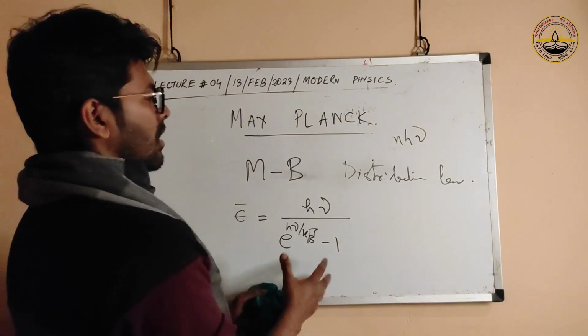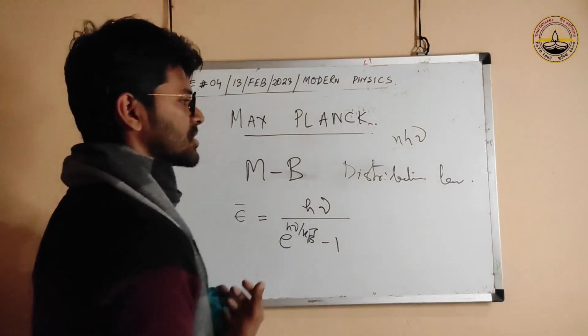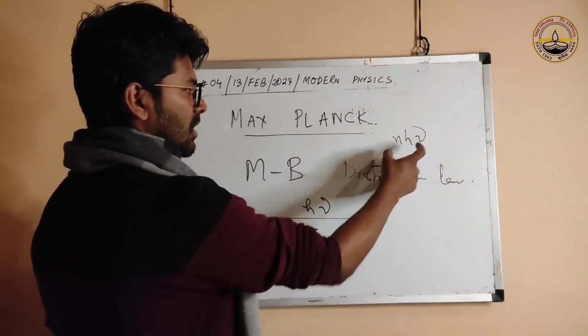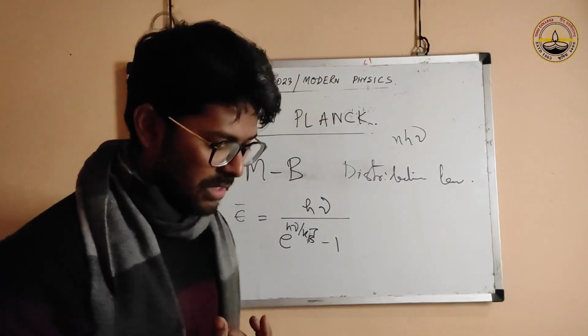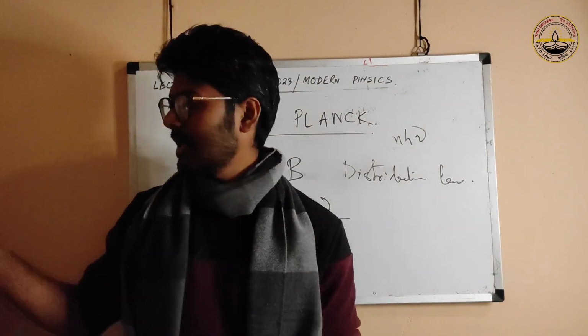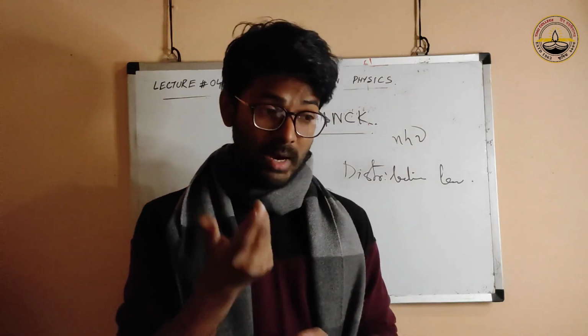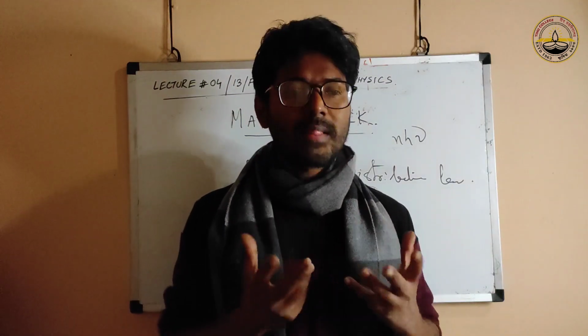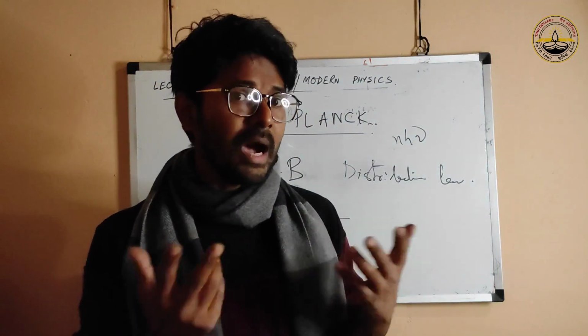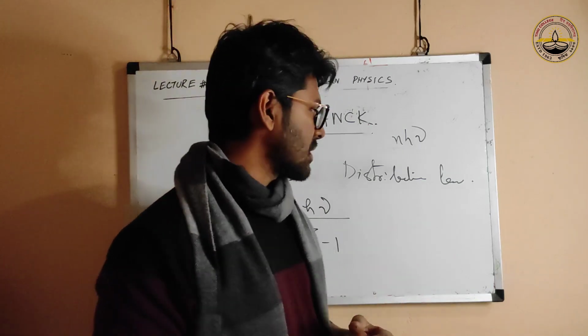And this is where quantum theory comes in, because quantum means how much. In Latin, quanta means how much. In Italian, for example, quanto means how much, like kiman, koto in Bengali, for example.